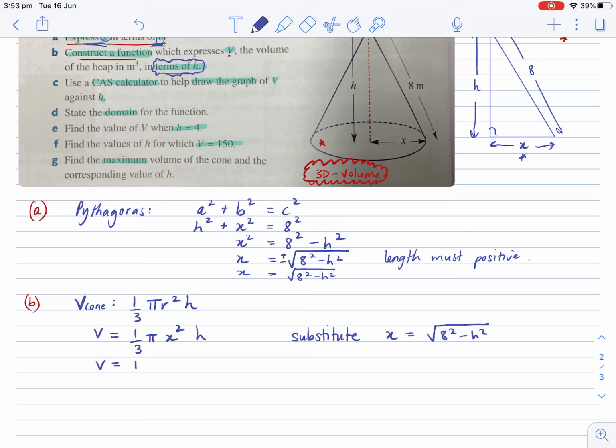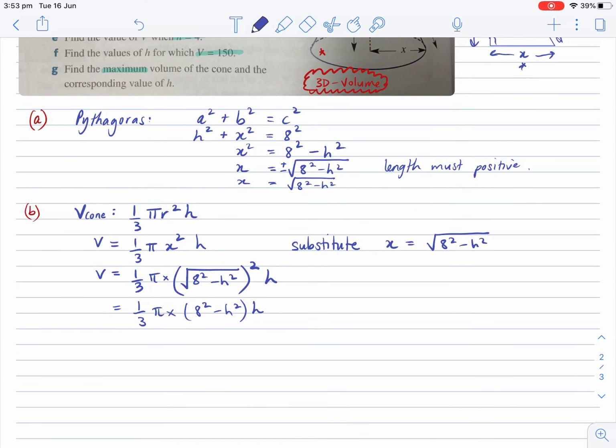So my volume equation is going to become 1/3 times pi times the square root of 8 squared minus h squared, all squared, times by h. And then I can do some tidying up. Now, squareds and square roots are opposite functions, so that just becomes 8 squared minus h squared times h.